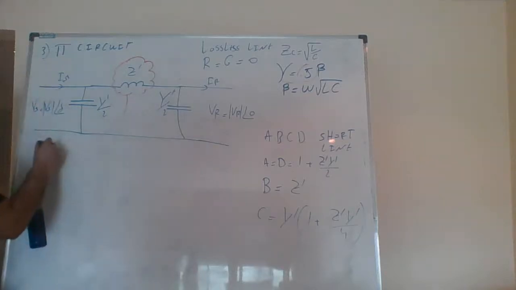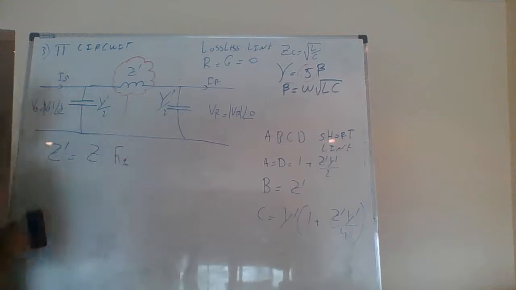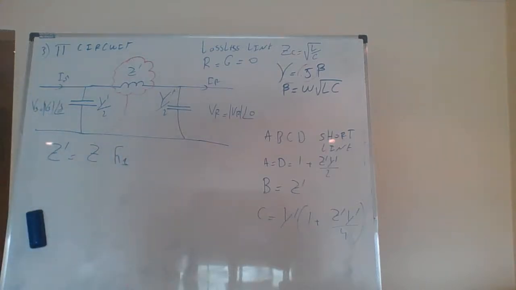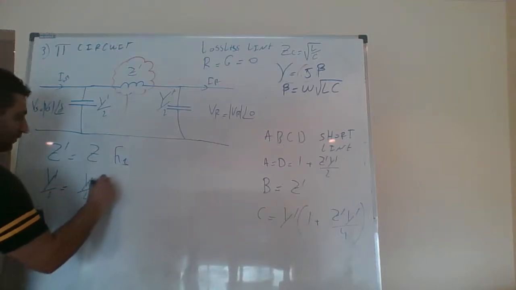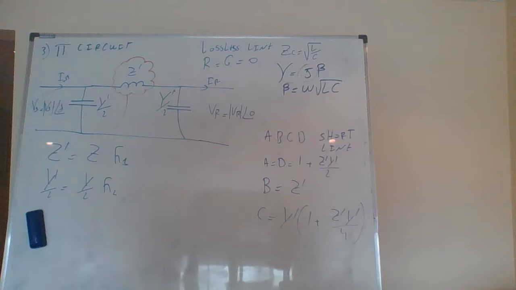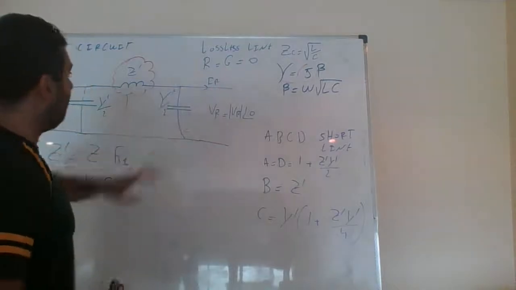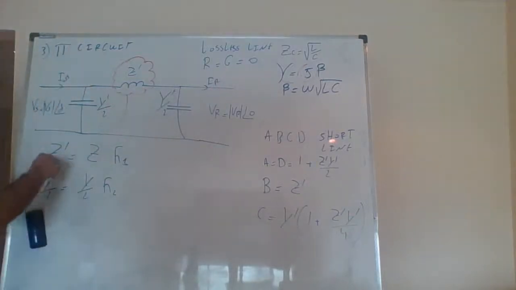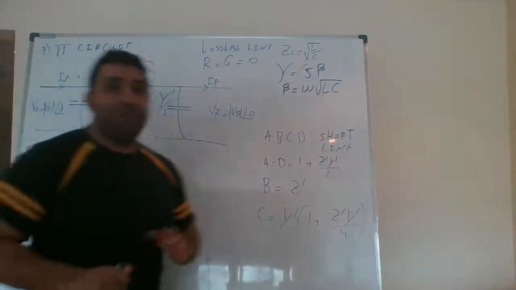I want to have Z dash equal to Z function 1, and then I want to have Y dash over 2 equal to Y over 2 function 2. Now, if you go ahead and do the calculations, which we are going to do, let's start with Z dash.